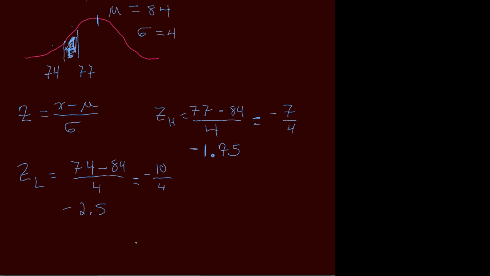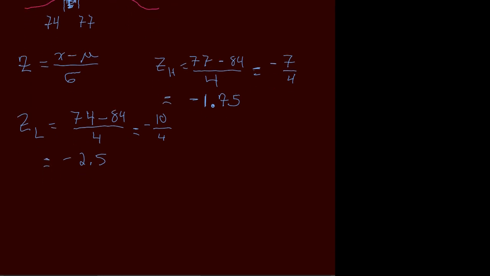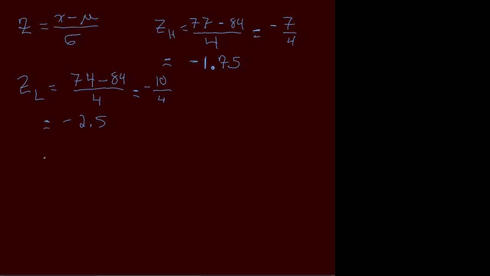So what we want to do is turn these into probabilities. We have to come to our Z table and look up our Z scores. So let's get the area for the probability of Z of H, looking at our table, and the probability of Z of L, looking at our table.